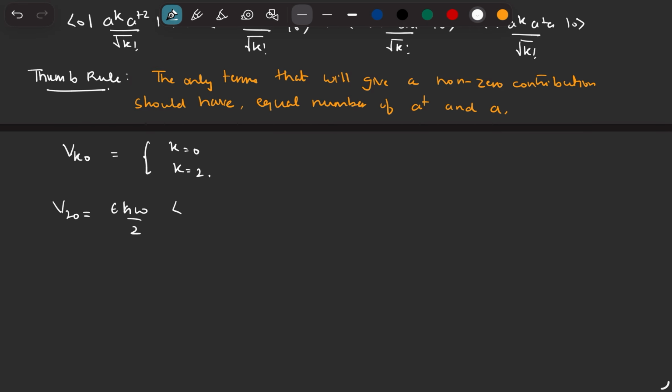This is 0, and obviously there was a square root of 2 factorial, so let me just write it as 2 outside here. And then there is a dagger 0, and this is epsilon of h bar omega upon 2 upon square root 2.